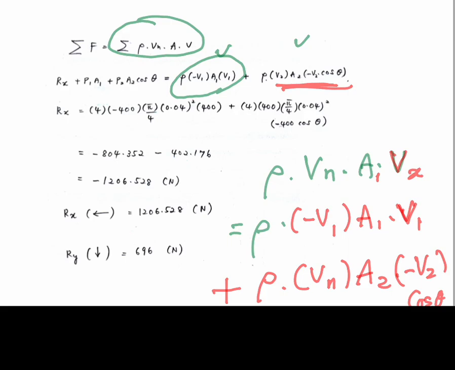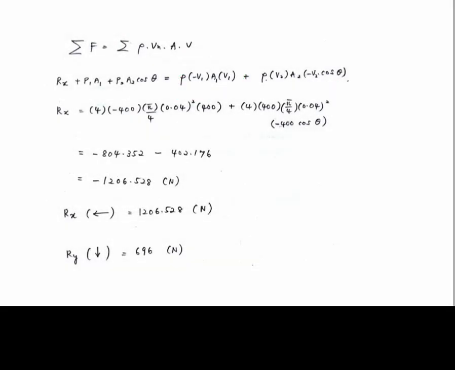So please bear in mind that the value of V or Vx is not the same as the Vn. Vn is the velocity according to the n vector. And then if you solve this problem, you will get Rx equal to negative 1200 Newton.